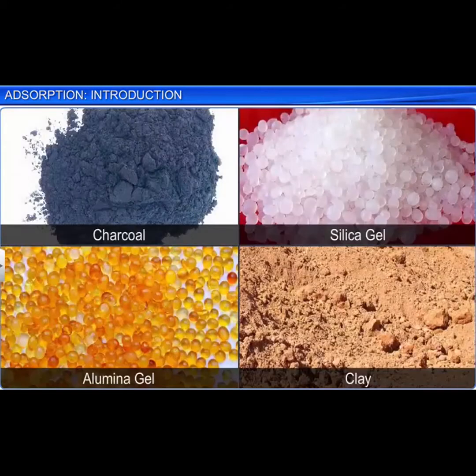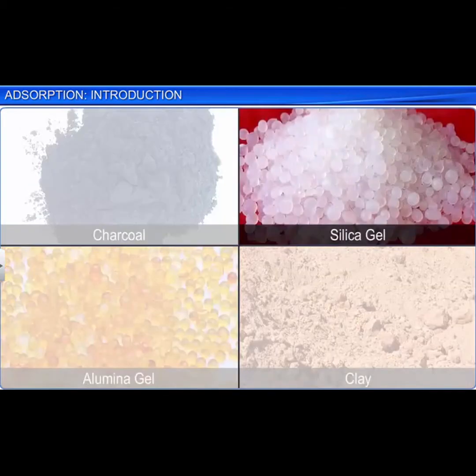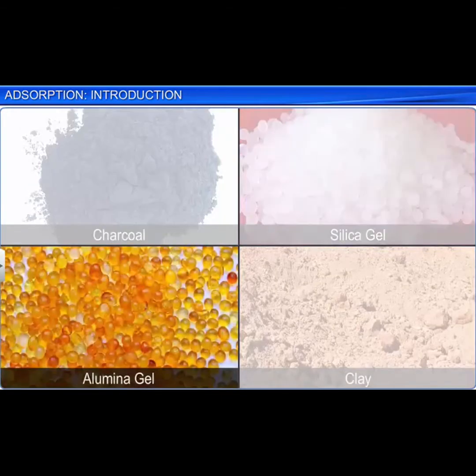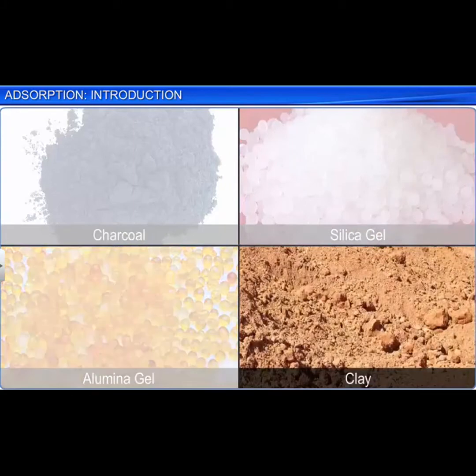Thus, finely divided metals and substances with porous structure are good adsorbents as they provide large surface area. Charcoal, silica gel, alumina gel, and clay act as excellent adsorbents.